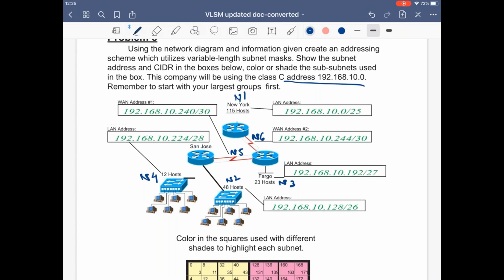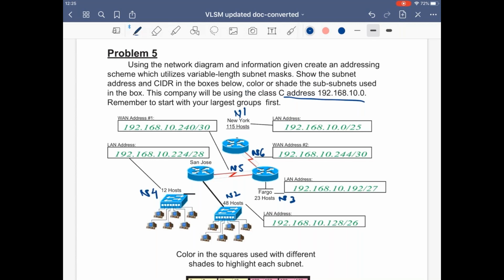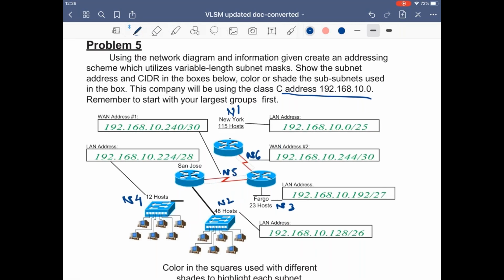For 115 hosts we need at least 7 host bits, since 2 to the power 7 is more than 115. So the custom subnet mask will be 255.255.255.128. Only the first bit is on because 7 are host bits.